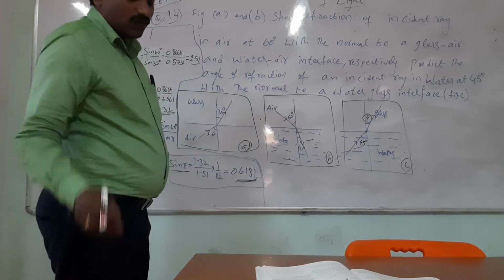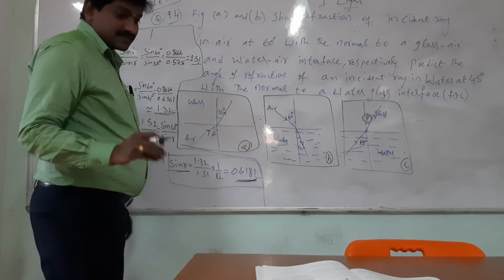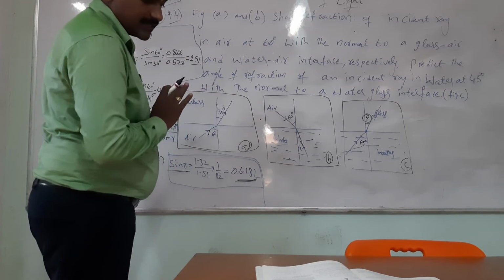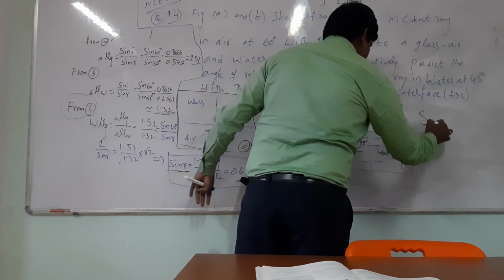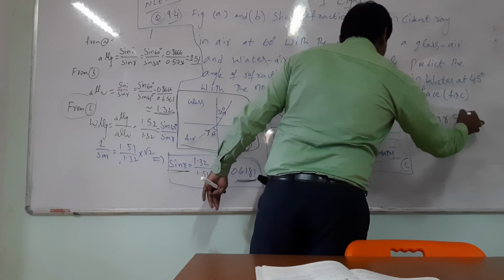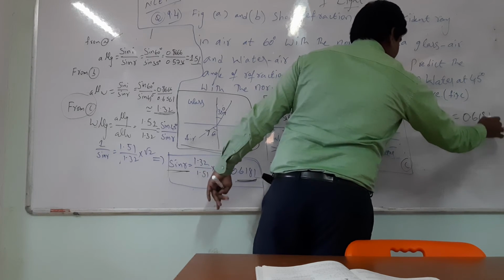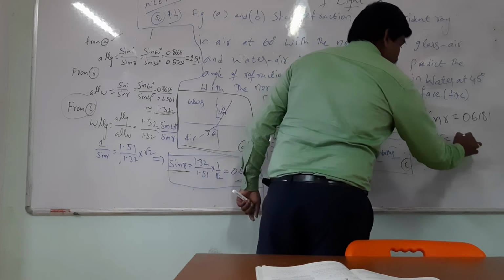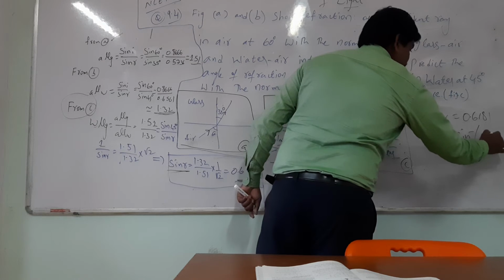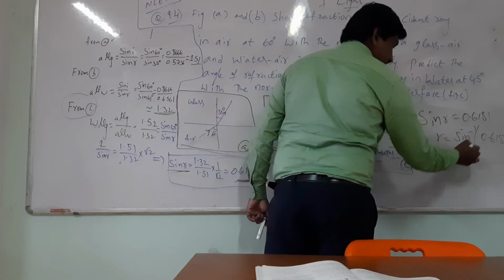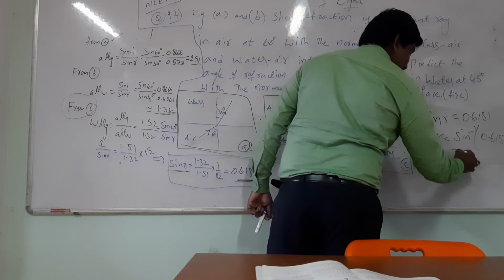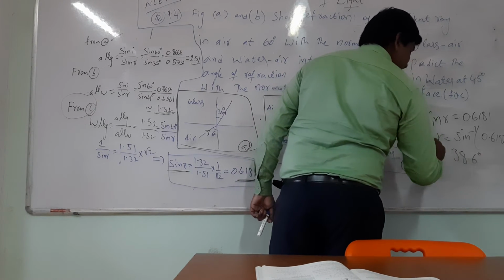If you want to know the r value, we just have to make r the subject. Then I can write sin r equals 0.6181. Therefore, r equals sin inverse 0.6181, which gives us approximately 38.6 degrees.